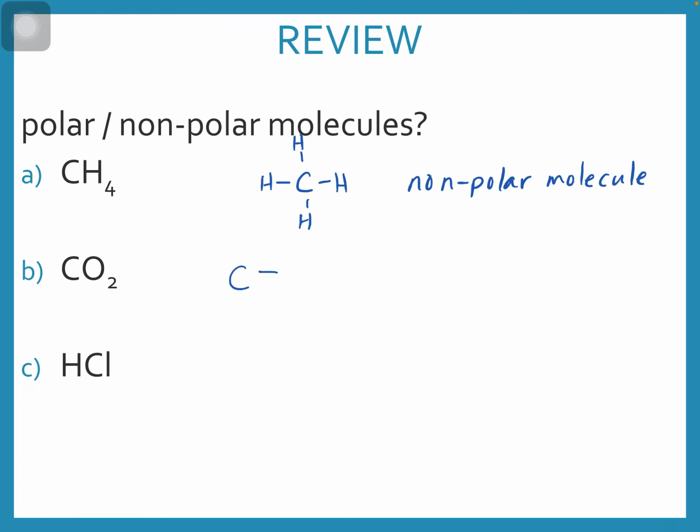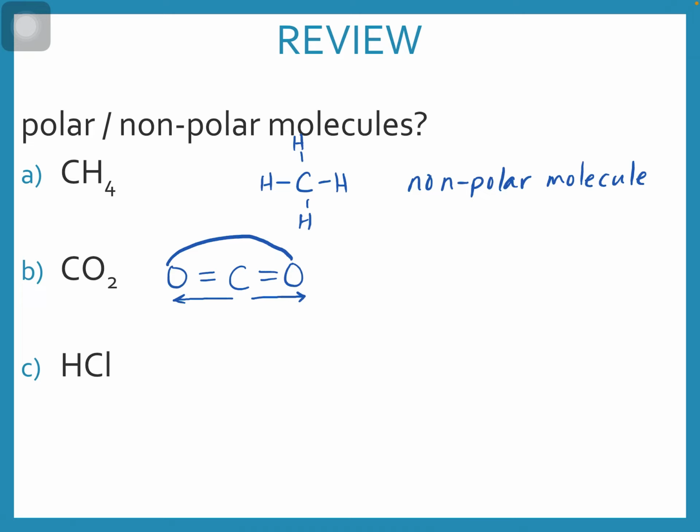For carbon dioxide, we have what we call a linear molecule. It's 180 degrees from this oxygen to this oxygen, so completely straight across. Between carbon and oxygen, 2.6 and 3.4, we have a 0.8 delta EN, but we have the exact same amount in opposite directions.